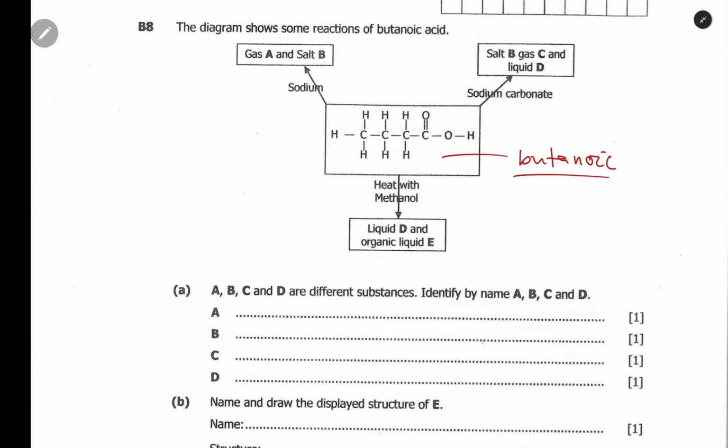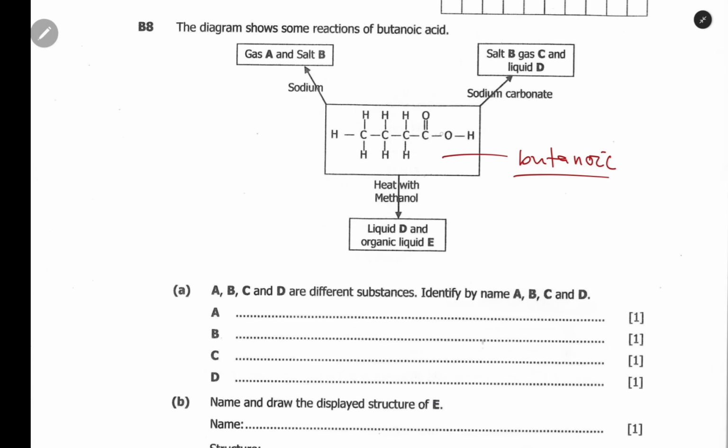So, the first question is that A, B, C, and D are different substances. Identify A, B, C, and D. So we are simply identifying the substances A, B, C and D.